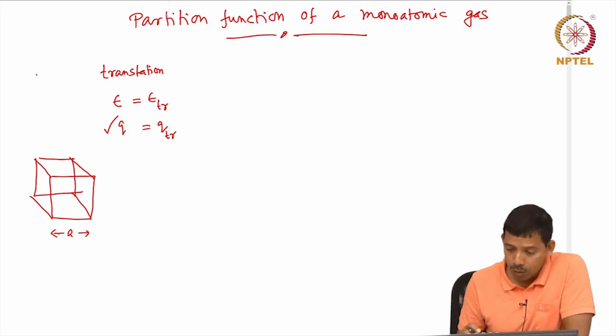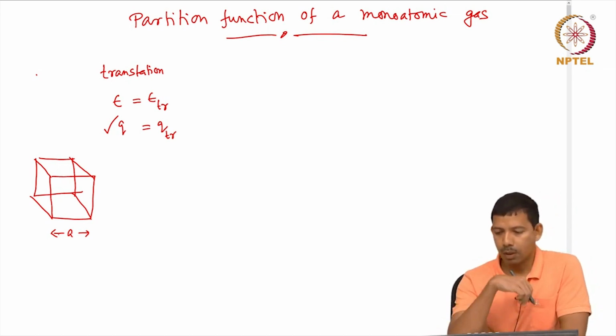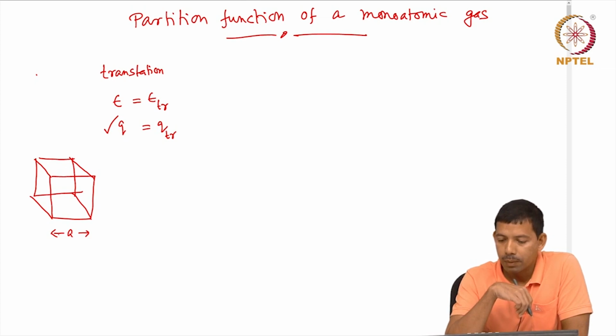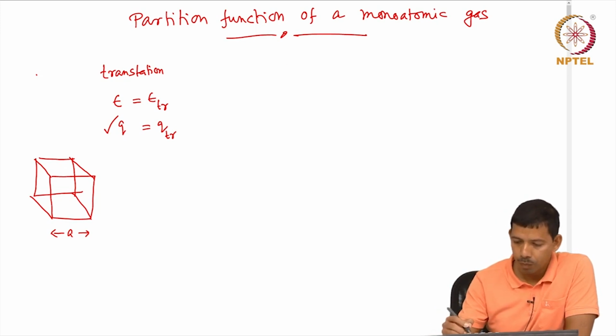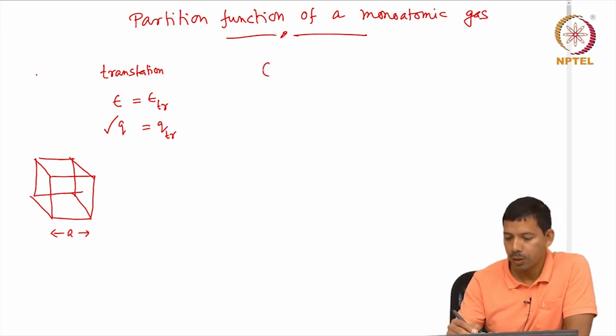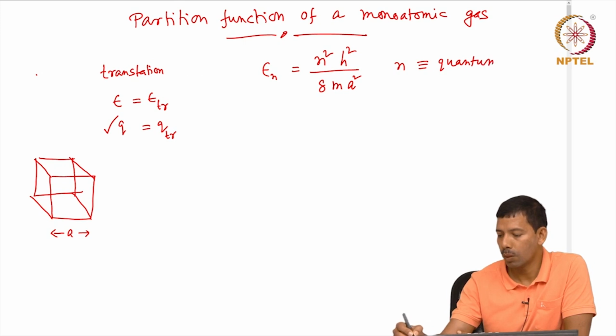Now, if you recall your first year chemistry, you know that for a particle in a box system, the energy was n square h square by 8 m a square, where n is a quantum number and it is an integer.